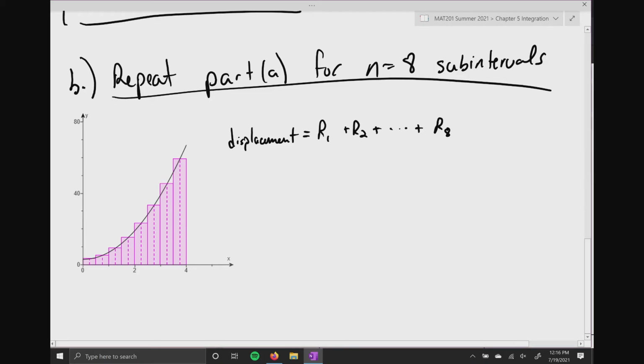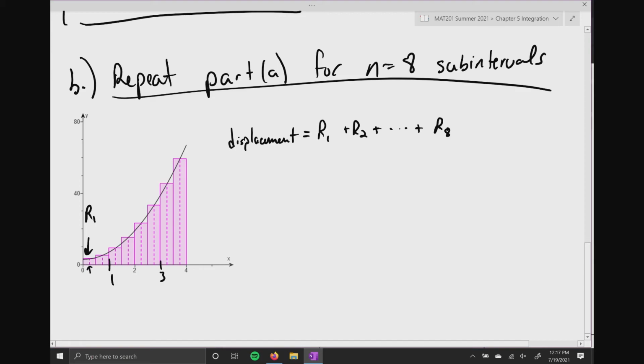So what I'm going to do is find the first interval. Here's rectangle 1, and we need to find that midpoint right there. For this subinterval, it's going to be 1 minus 0 divided by 2. Now I've got things labeled.